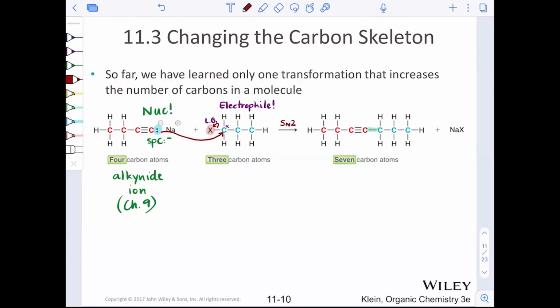Nucleophilic substitution, bimolecular. Two things coming together in a nucleophilic attack and a loss of leaving group. This is the best way that we know how to add carbons. You add at least 2 carbons. We'll learn a lot more ways to add carbons later on in this semester, but this is a good first start.